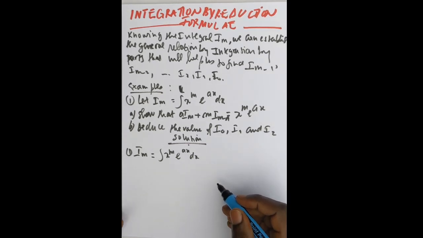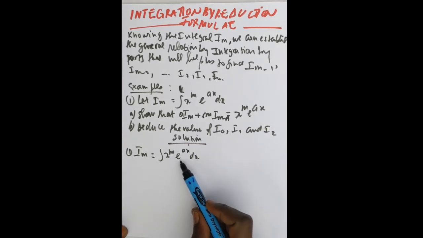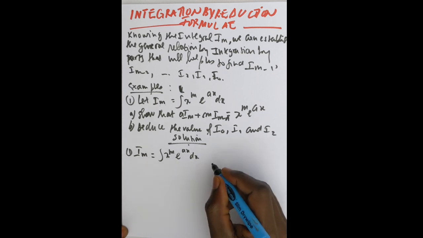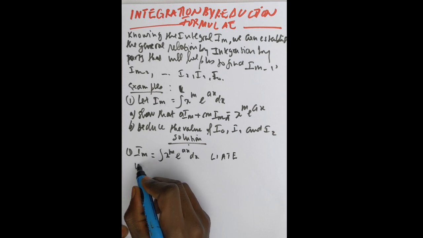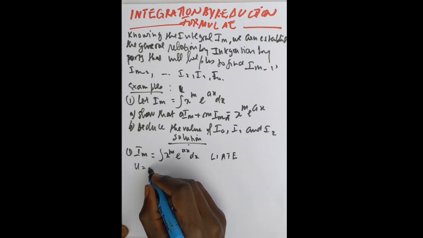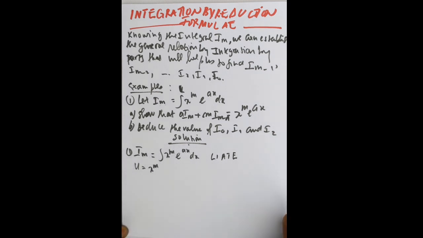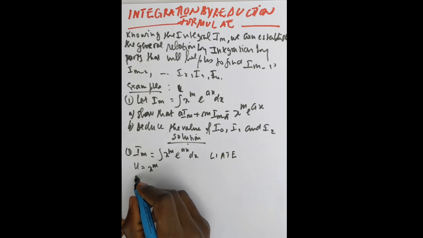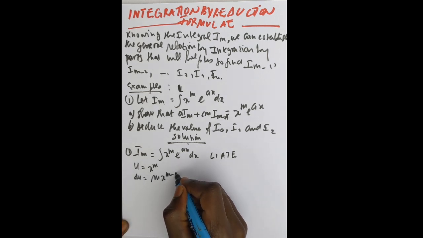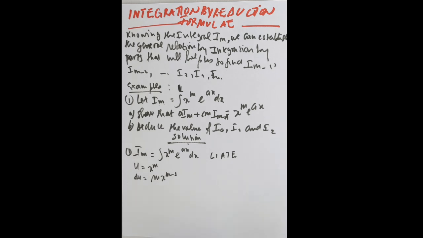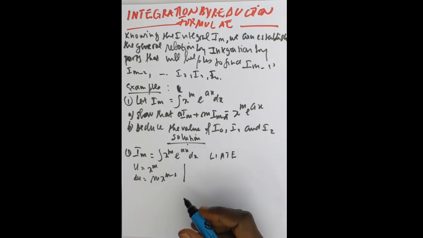We can see that this is exponential, this is a polynomial. So by using LIATE, we can write u equals x power m. This means du is equal to m x power m-1, by the property of differentiation.